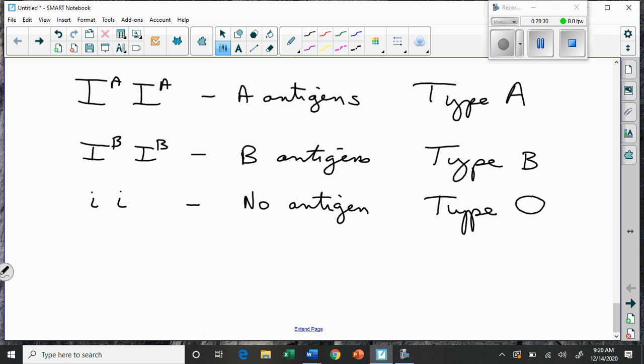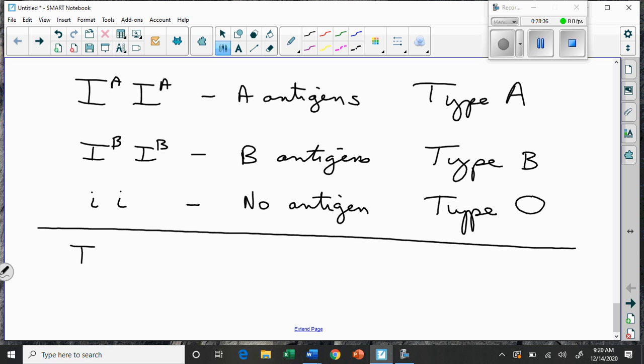Now, what's interesting is the combinations when you mix them. So if you mix them, you can have I^A with a little i. The A antigen allele is dominant to the recessive little i, and so this would still produce A antigens.